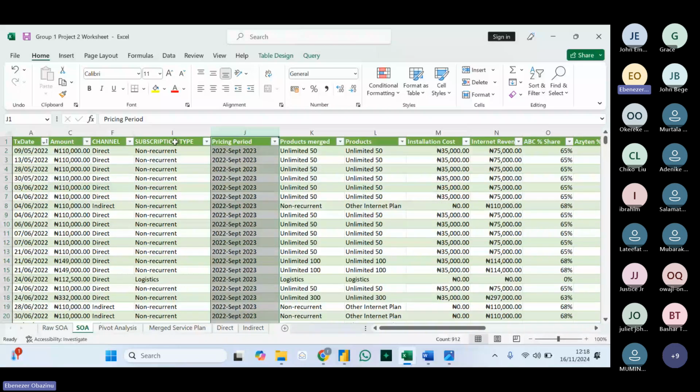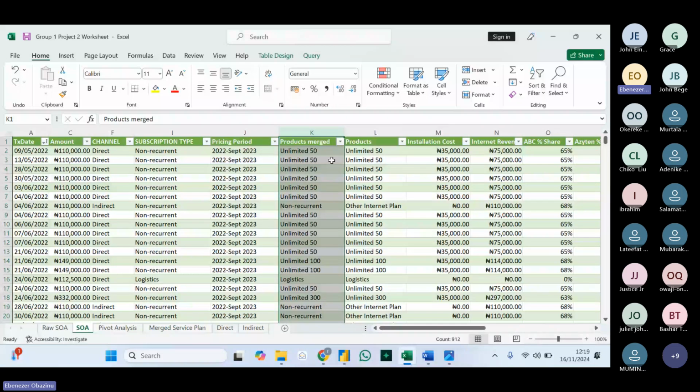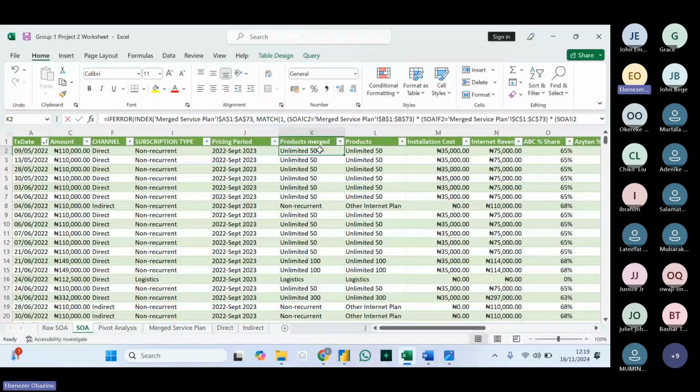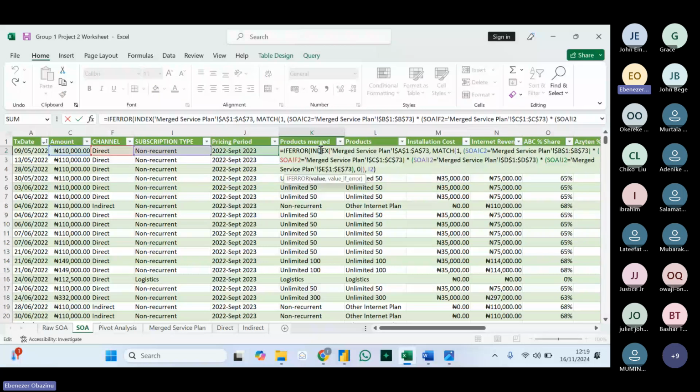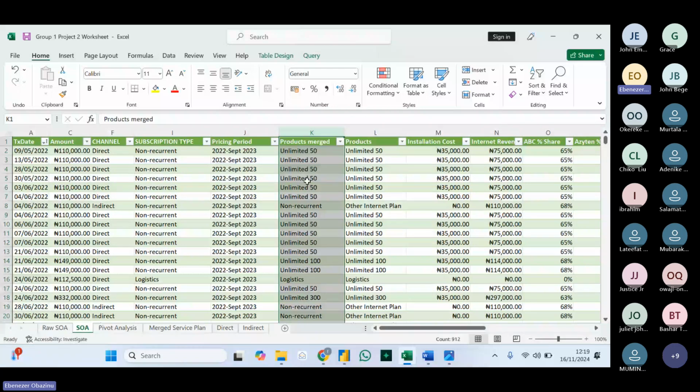Using the pricing period, we created another column where we merge this information to get our products. We used a complex merge function and a match function, combined with an IFERROR function, to get all the different plans, taking note of the channel, their subscription type, and their pricing period.